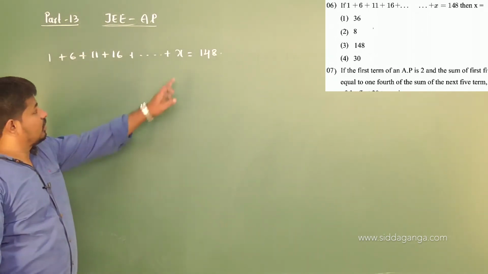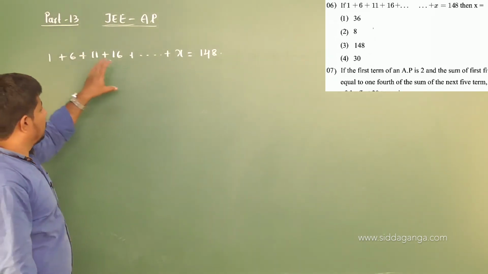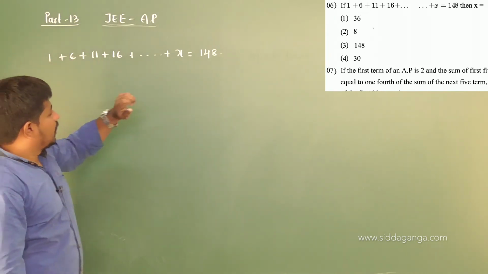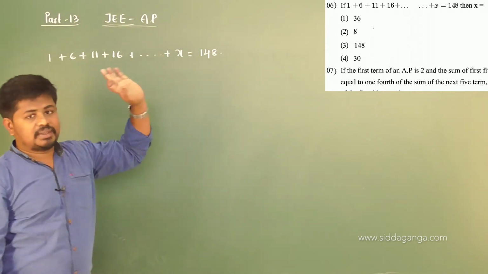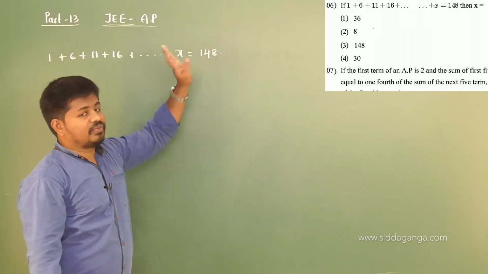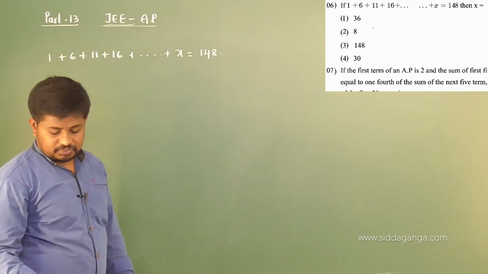X means the last term of the series. Of course, this is an AP series with common difference 5 and A is 1. Then what must x be to get the sum 148? That's the question.